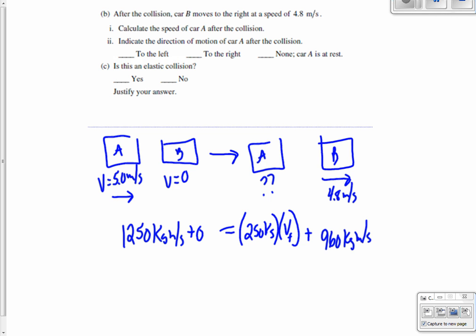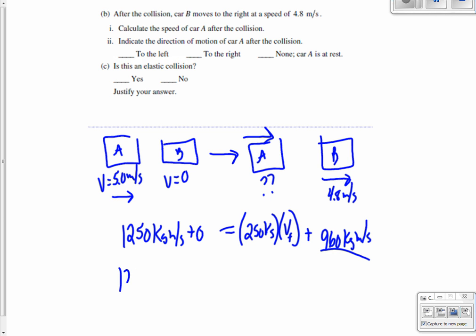So right away we can see that bumper car A has to be moving to the right, because B doesn't even have enough momentum yet to equal bumper car A's momentum. So A had 1250 all by himself before the collision, and B only has 960 to the right. So I know that A has to make up the difference.